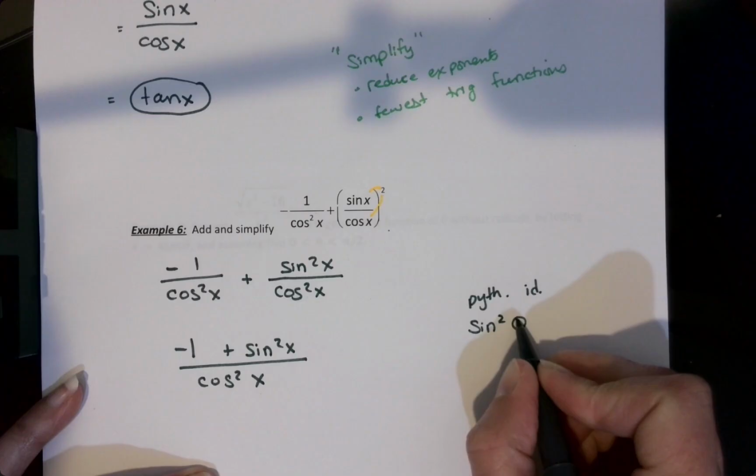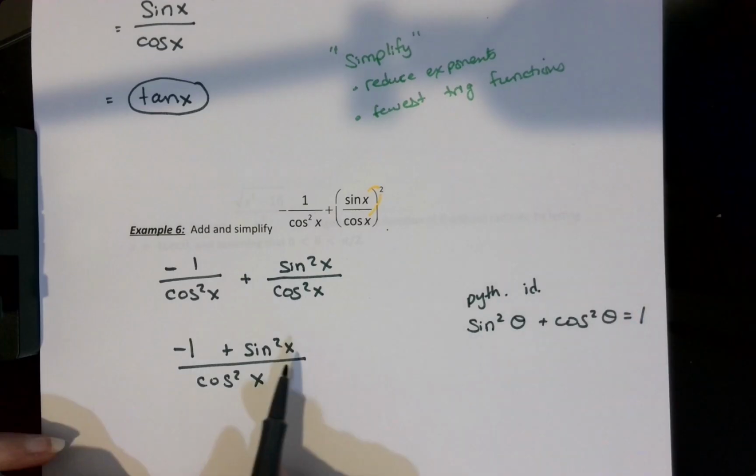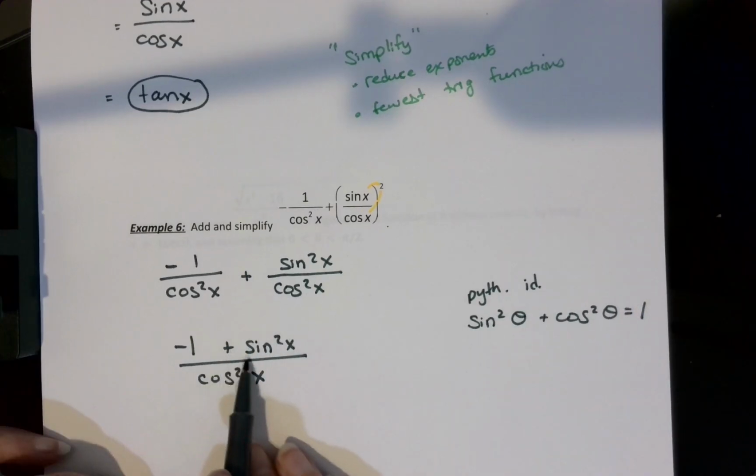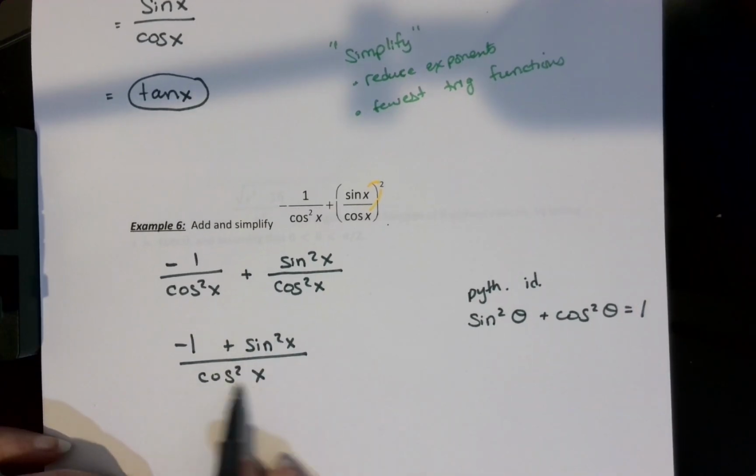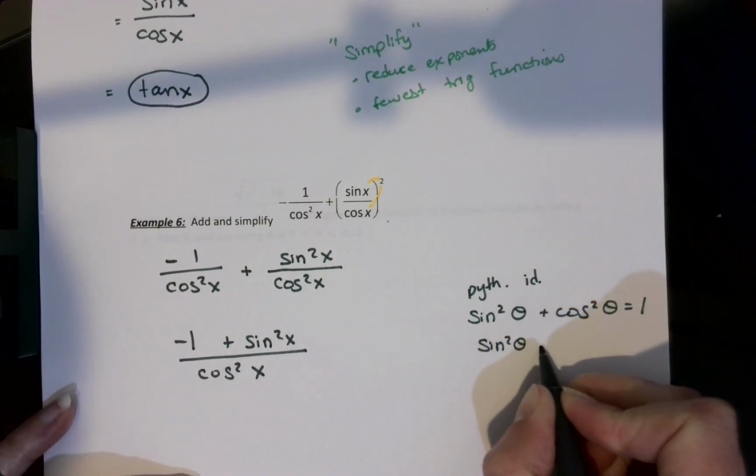So I've got negative 1 plus, in place of sine squared x, I'm going to have the 1 minus cosine squared x. Okay, so this is an instance here where I'm using a Pythagorean identity to go from one line to the next. So we're just going to note that here, as in that is what has happened.